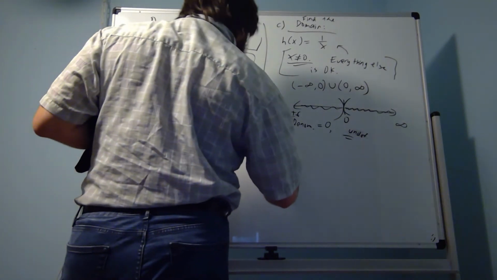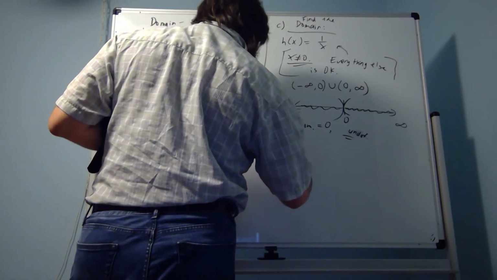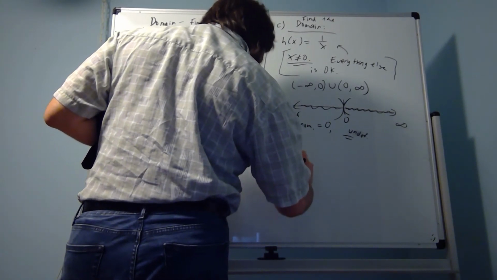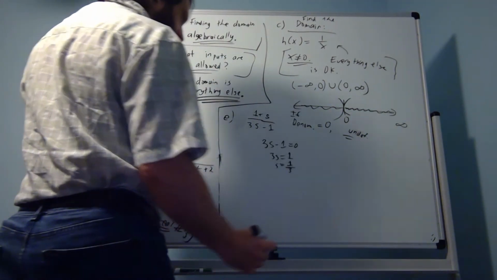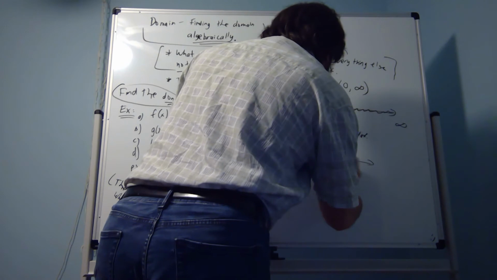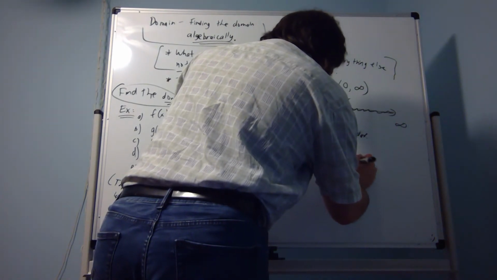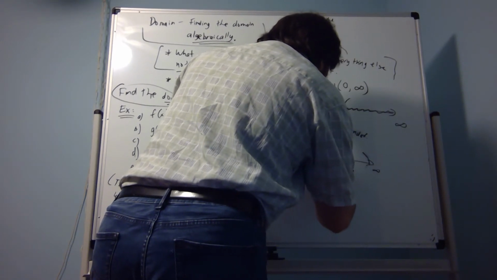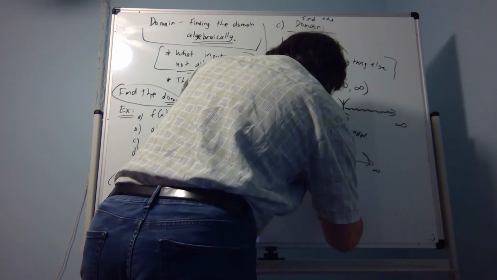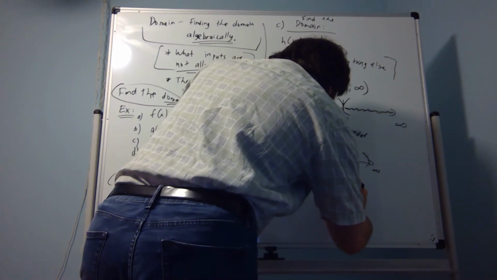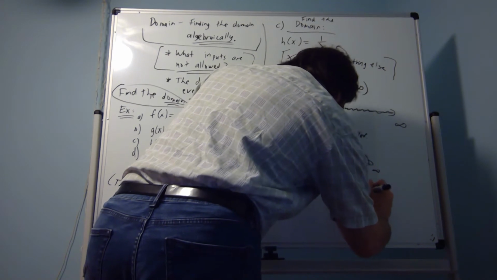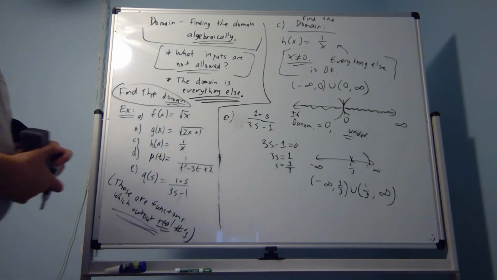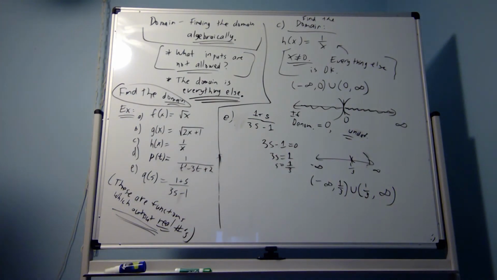All right, so 3s minus 1 is equal to 0 when 1 is equal to 3s, where s is equal to 1/3. So draw a picture: we're at positive 1/3, and we want to include everything else except for that. We have minus infinity out here, so it's minus infinity all the way up to positive 1/3, union positive 1/3 all the way out to plus infinity. And that's it for that one.